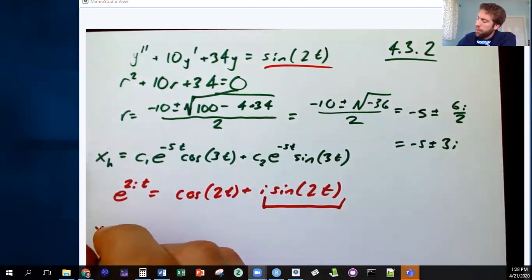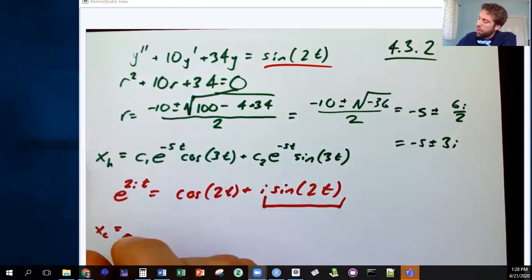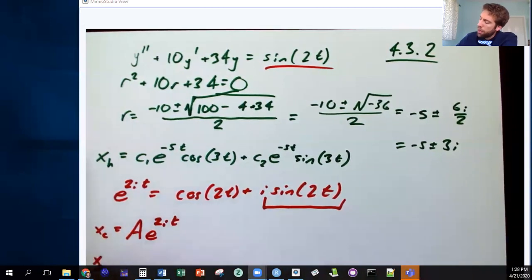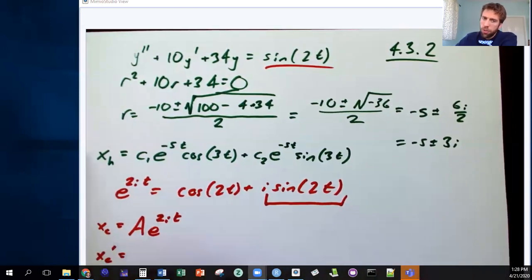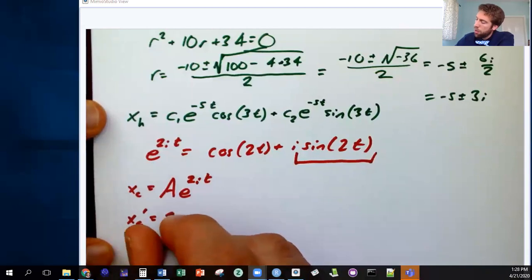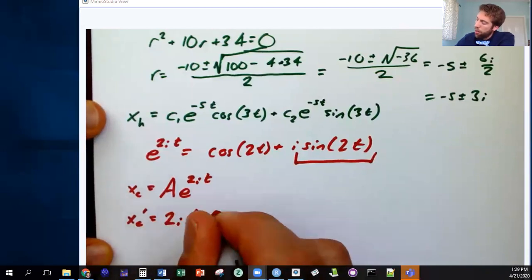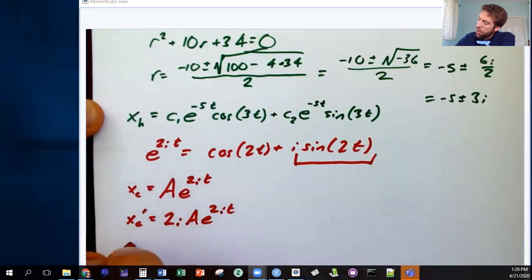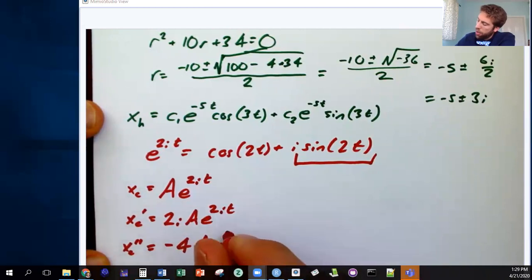So xc equals a times e to the 2it. Then xc prime equals 2i a e to the 2it, and xc double prime equals negative 4 a e to the 2it.